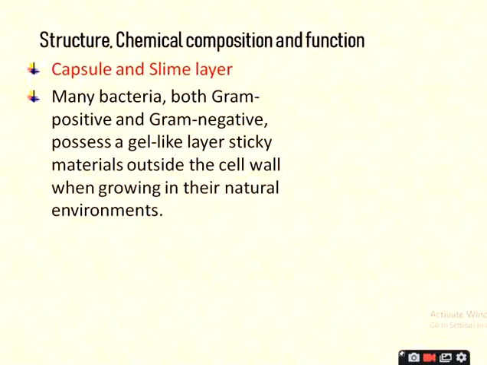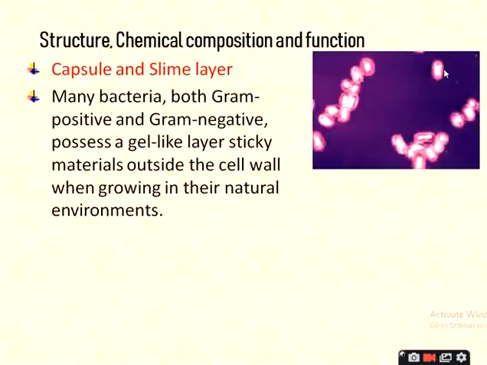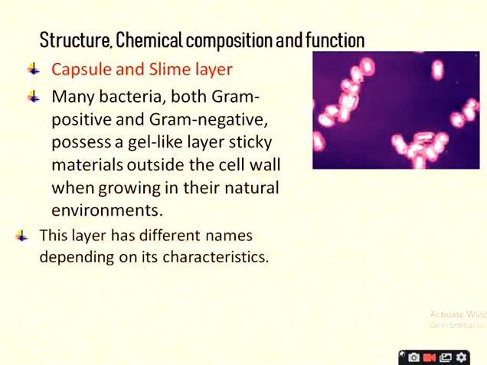See, these are the bacteria, here in white color, and the pinkish color which is seen here is the capsule layer present on the bacterial cell. Okay, so this layer has different names based on its characteristics.